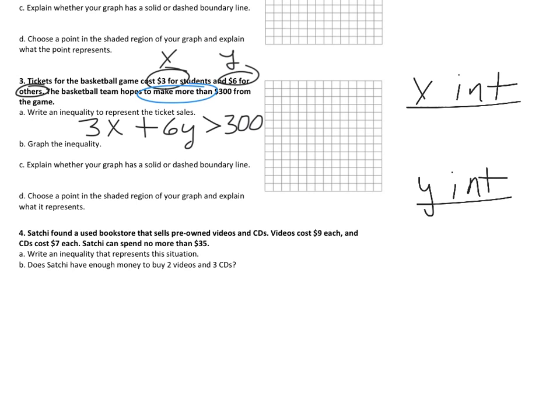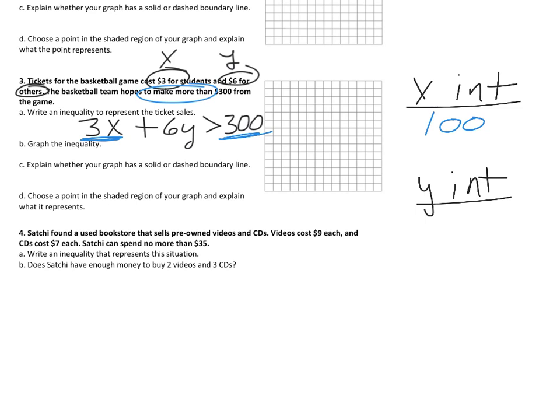Because you could do 300 divided by 3 to get your x-intercept, you know that your x-intercept is going to be 100 if you sold nothing but student tickets. To get that $300, you'd have to do 300 divided by $3 a ticket. You would have to sell 100 tickets.